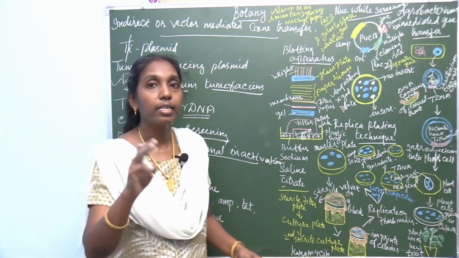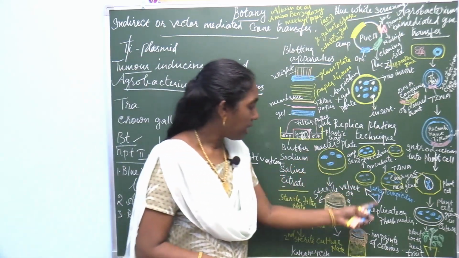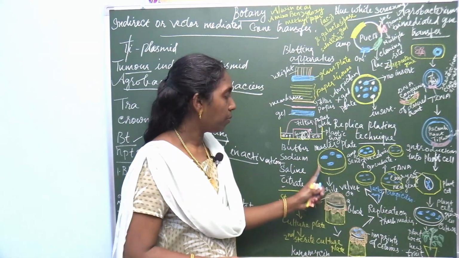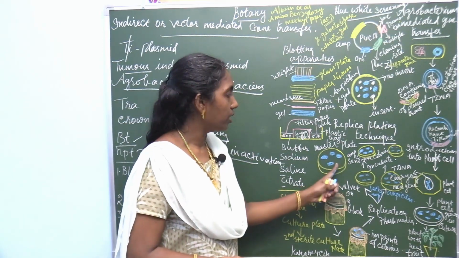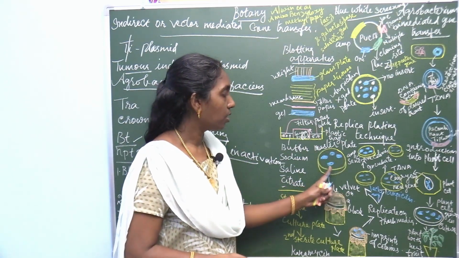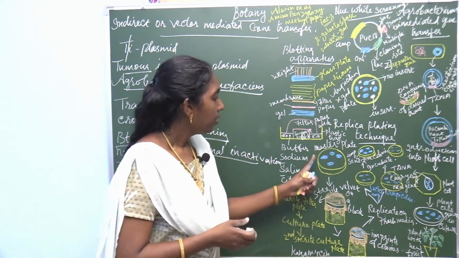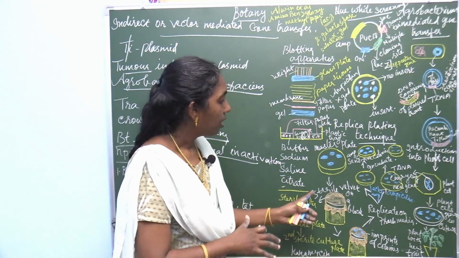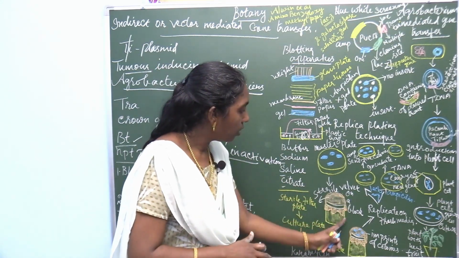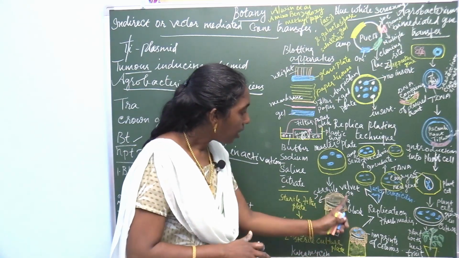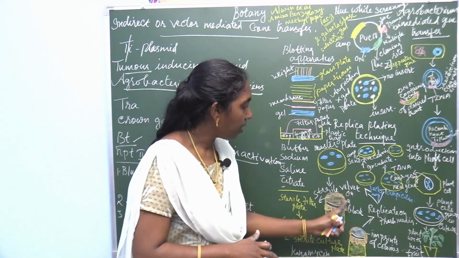Now look at this diagram. This is the master plate. The colonies are grown in this master plate. These are the colonies, and these are pressed. Here is a wooden block, and above this there is a sterile velvet.